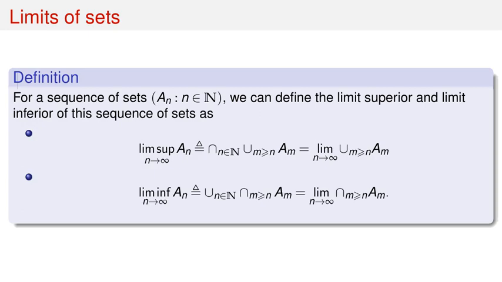The limit inferior of A_n as n approaches infinity, denoted lim inf A_n, is defined as the union over n in the naturals of the intersection for m greater than or equal to n of A_m. This can also be seen as the limit as n approaches infinity of the increasing sequence of sets formed by the intersection for m greater than or equal to n of A_m.